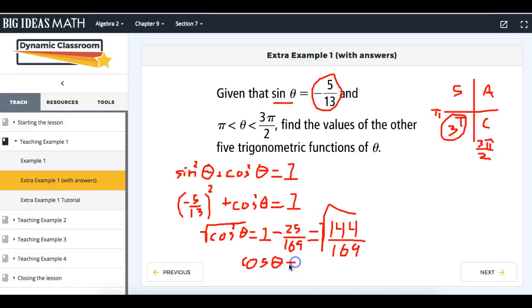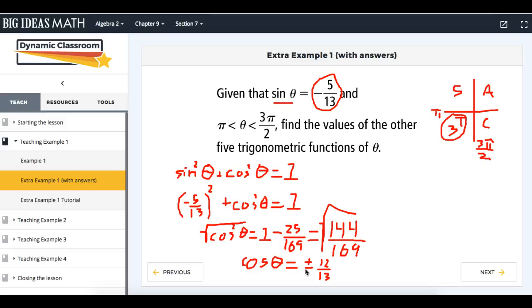And the square root of 144 over 169, now remember, because we're taking the square root, it's plus or minus. The square root of 144 is 12, and the square root of 169 is 13. So here we've used our Pythagorean identity to solve for the cosine. Now we know it's plus or minus 12/13.